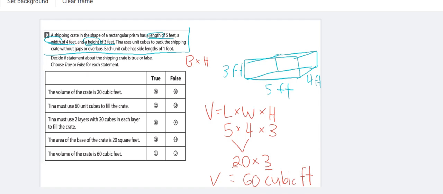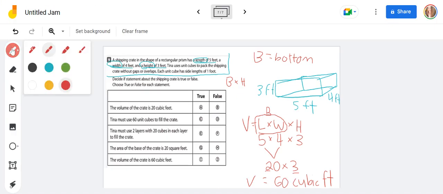But I also want to think about the base. So I know the base is equal to the bottom. And I want to write that down because I want to remember it. We also remember base times height. So that means the length and the width give me the base, or they give me the bottom. So let's take a look here.